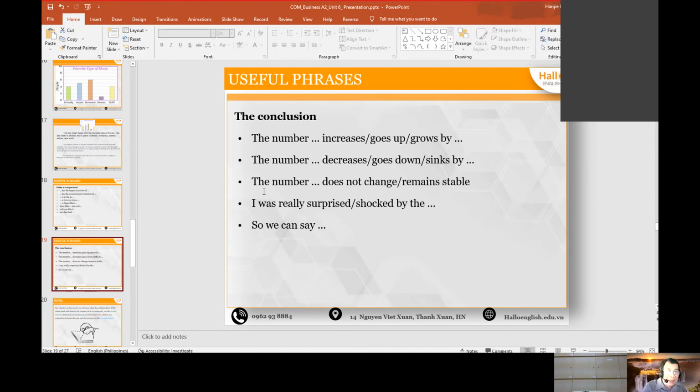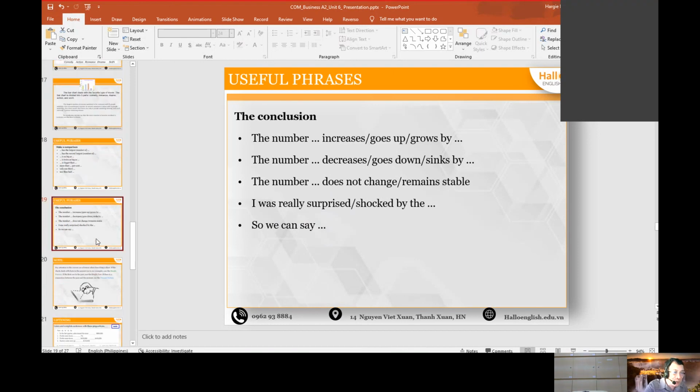Or we can say the number does not change, or remains stable. Or we can also say it will really surprise, or shocked by. So those are also useful phrases under the conclusion.